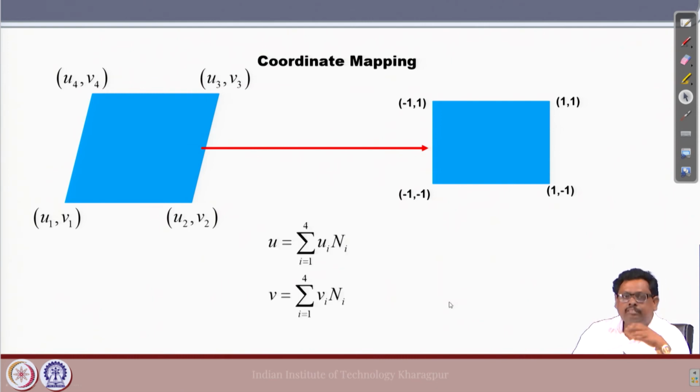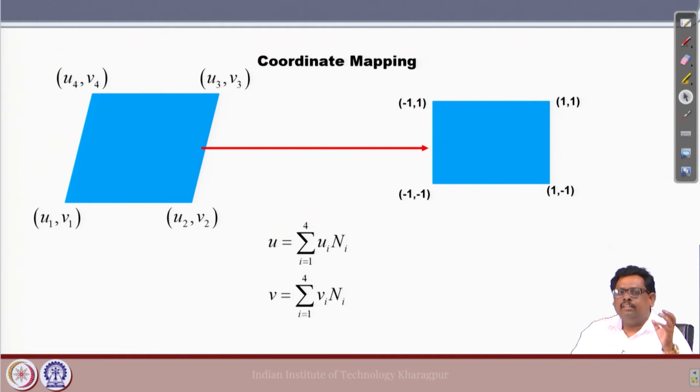Now, here, in general any point u can be defined as the sum of u_I into N_I, where N_I is nothing but a shape function. What the shape function is and what its importance is, everything is definitely part of the study, but we are not interested in that at this point.